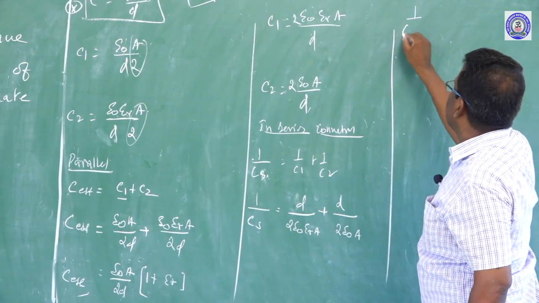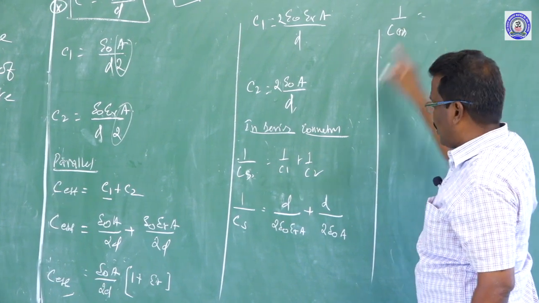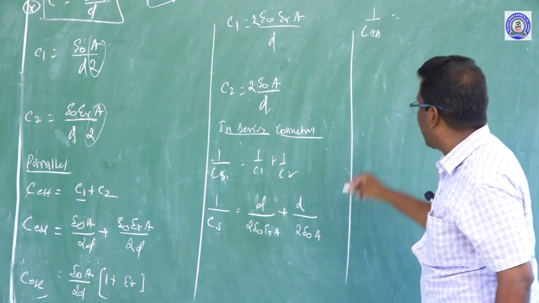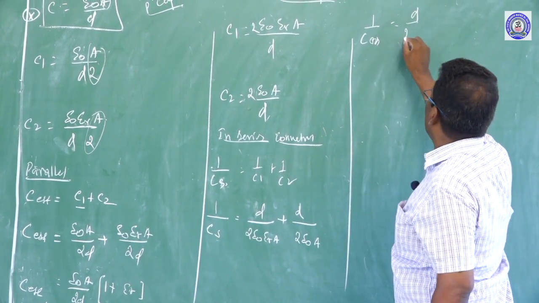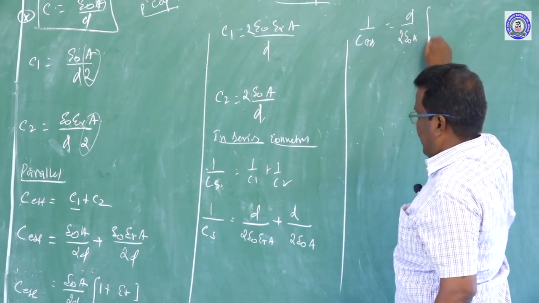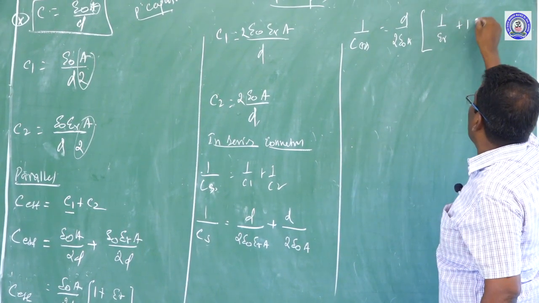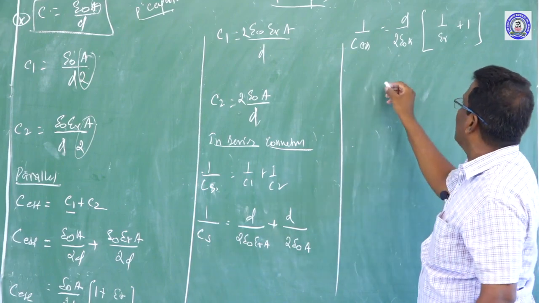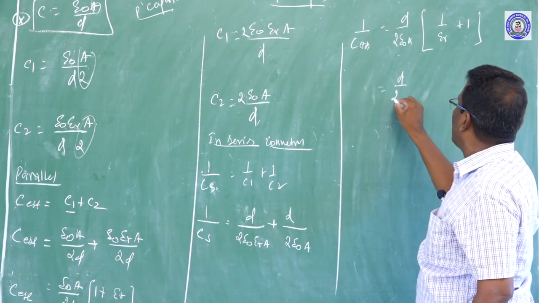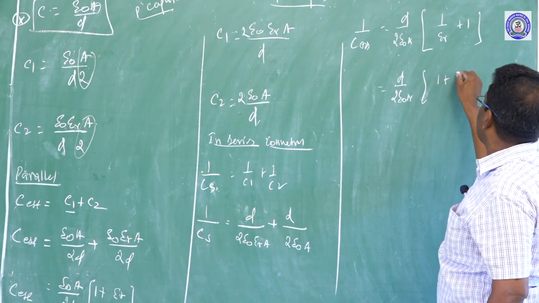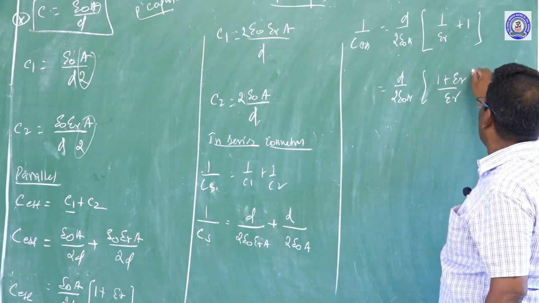What is common? D by 2 epsilon naught A is common. Here 1 by epsilon r plus 1 is a 1. So D divided by 2 epsilon naught A, now take the LCM: 1 plus epsilon r divided by epsilon r.